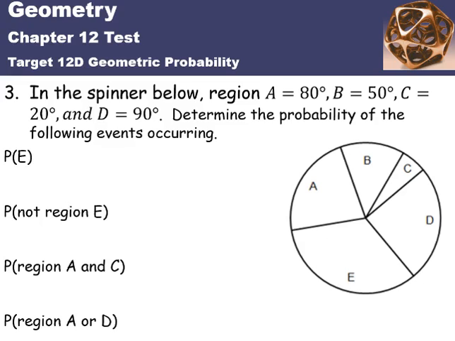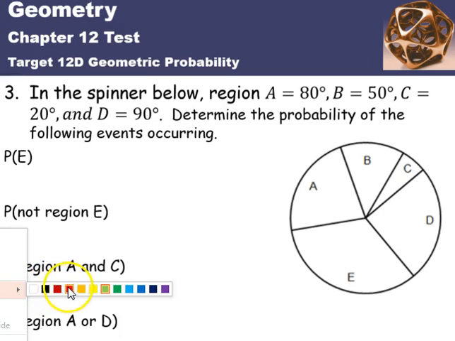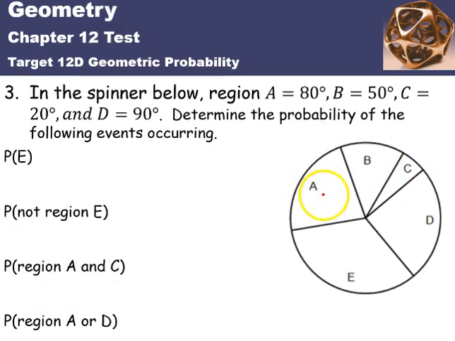Okay, in problem number 3, we have a spinner with the following probabilities. Let me change colors. I like the red a little better. A is 80 degrees, B is 50, C is 20, and D is 90.